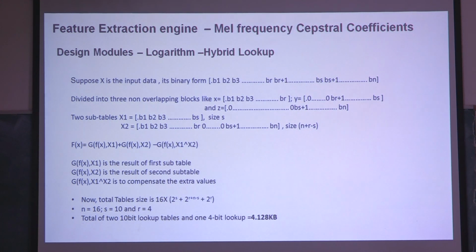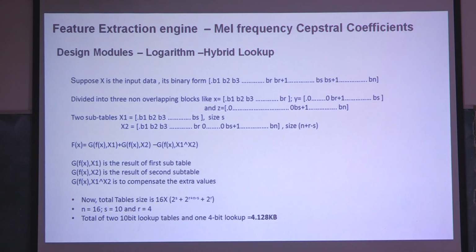The two subtables X1 and X2 have n bits and n plus r minus s bits. What it is doing is this: dot B1, B2, B3 is nothing but 0.11 or 10, some binary value.